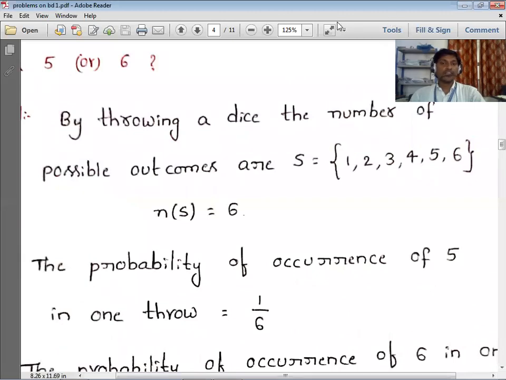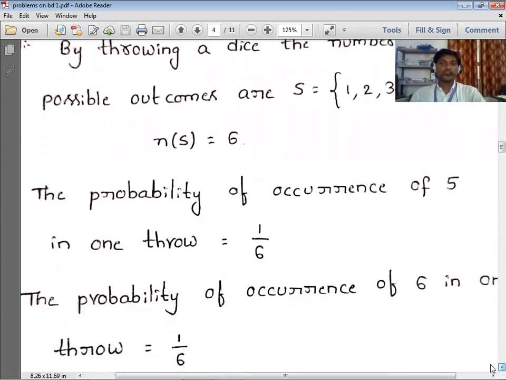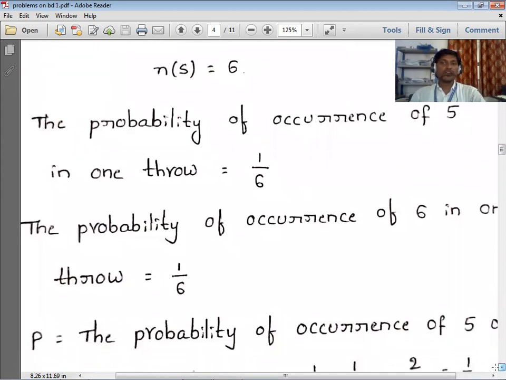Then we require the probability of occurrence of 5 as well as 6. First we calculate the probability of occurrence of 5, which is 1 by 6. Why? Because the total number of outcomes is 6, and in that, for getting 5 there is only 1 possibility. In the same way, one possibility for each of 1, 2, 3, 4, 5, 6. So it is 1 by 6.